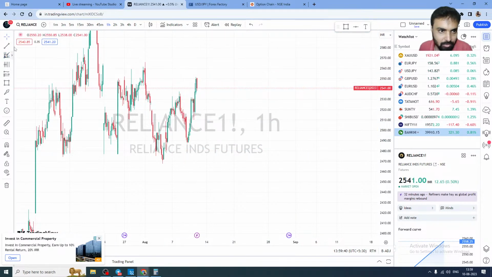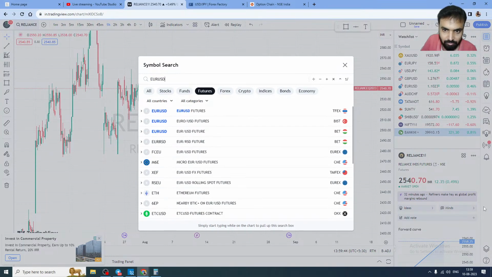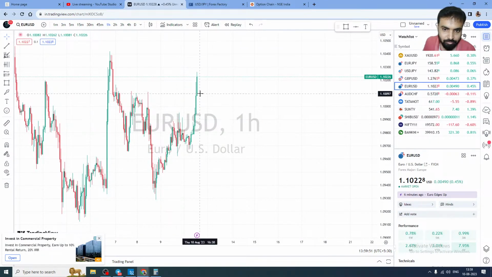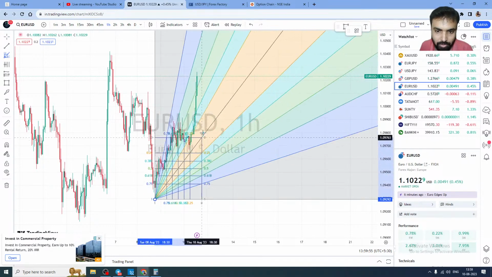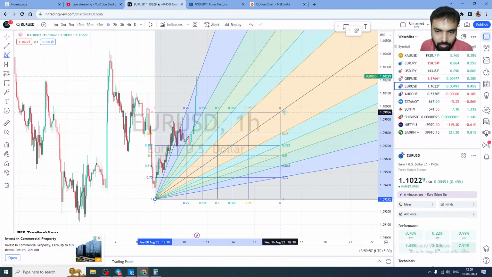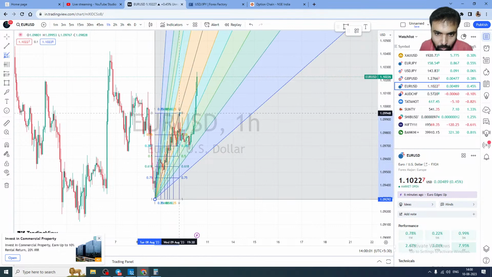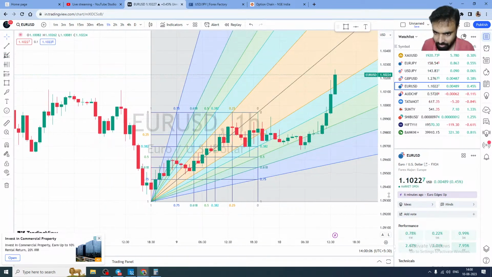Maybe take a Forex chart. Swing low to swing high. So I think we need to put it like this. Let us zoom in. This is crazy, right? It's kind of crazy.